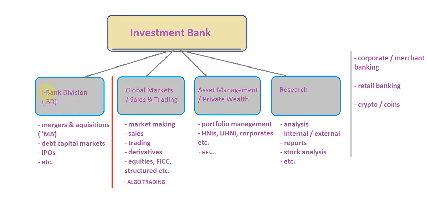What they do is, for example, if there is a company going public, selling their shares on the stock market for the first time, and they conduct an initial public offering, an IPO, the investment bank offers to do that process for the client at a fee. Or if a company wants to buy another company, or wants to sell off a division, or wants to do a joint venture or merge with another company, this is also conducted by the investment bank division, among other things.